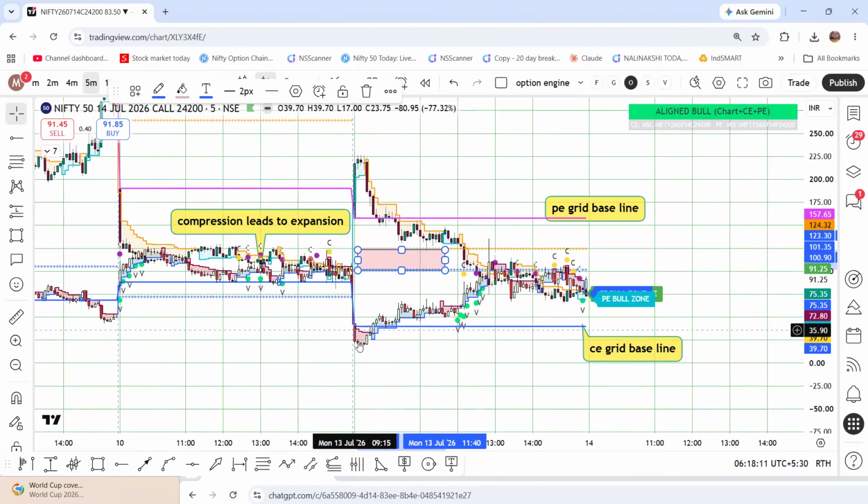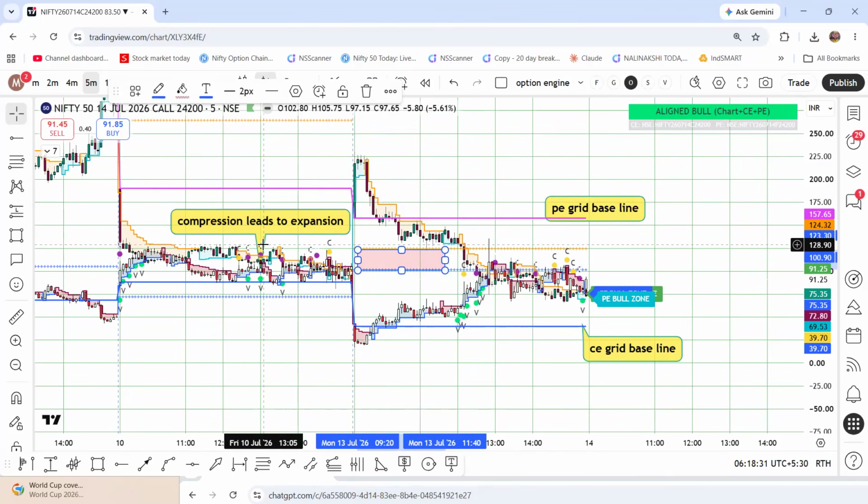Here, expansion came towards the opposite side and the call option price started climbing above the grid baseline. You can see after an expansion, contraction, contraction, expansion.